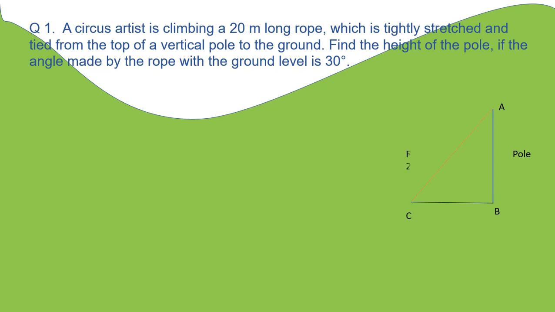AC is the rope of length 20 meters, and the angle with the top of the pole from this point C on the ground is 30 degrees. We have to find the height of the pole AB.